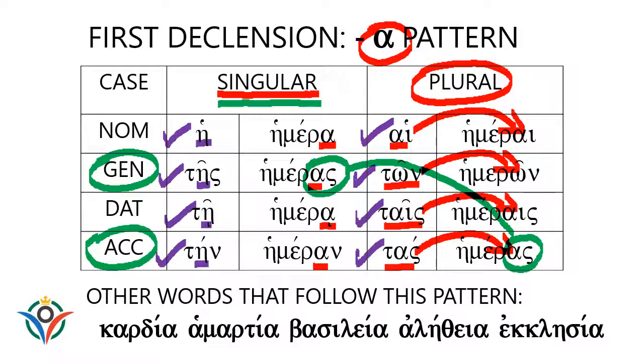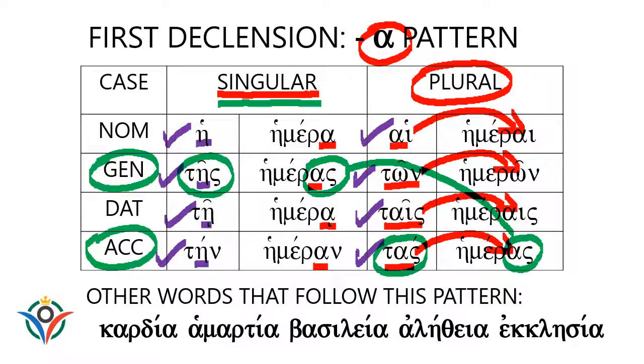So how do you distinguish between these two? Well, either, number one, by the context in which you find the article and the noun, or secondly, by looking at the article that accompanies the noun. Clearly the singular and the plural have different articles. So pay attention to the article.